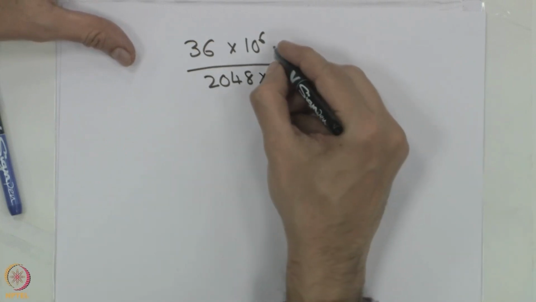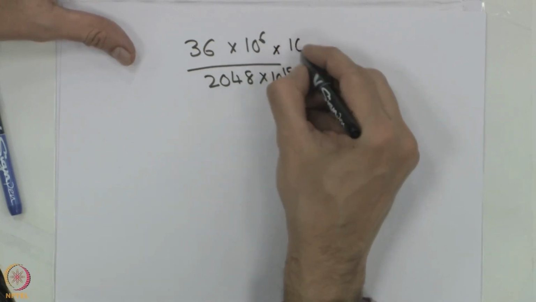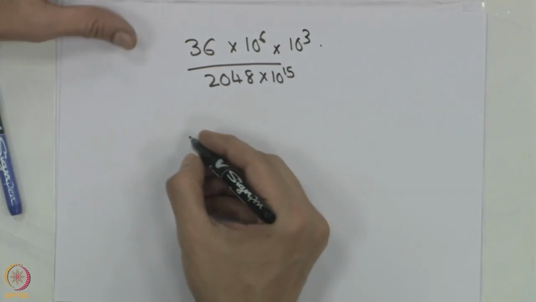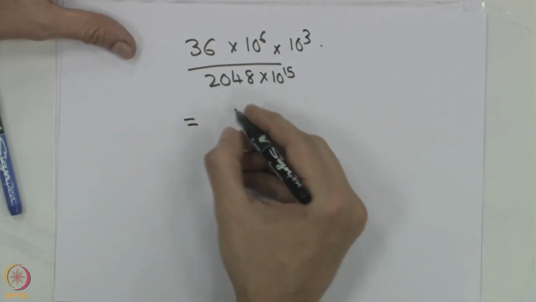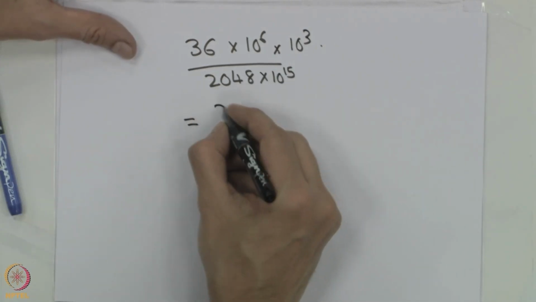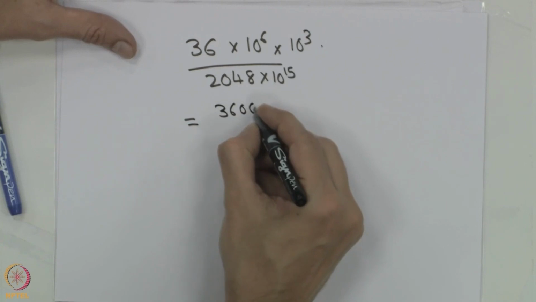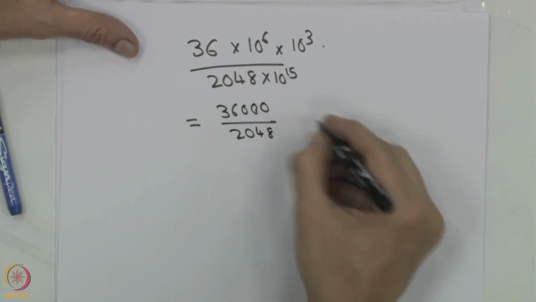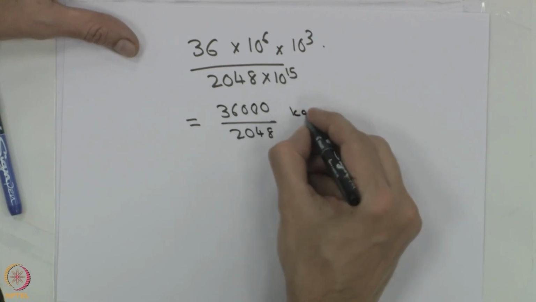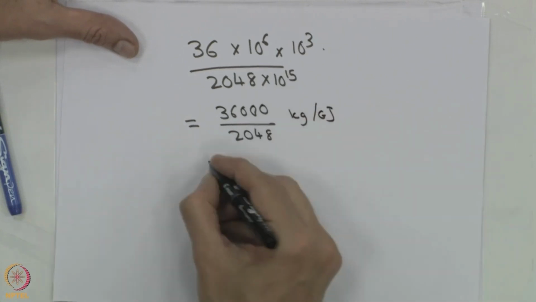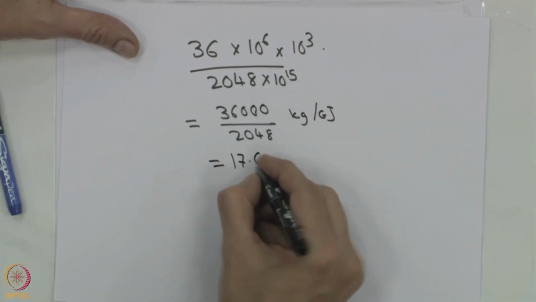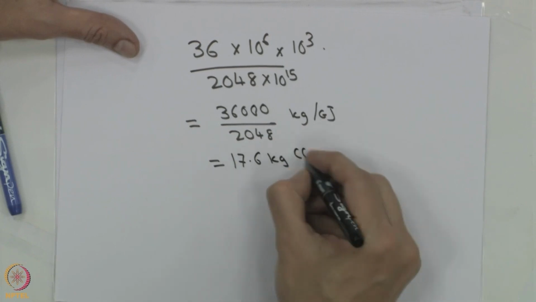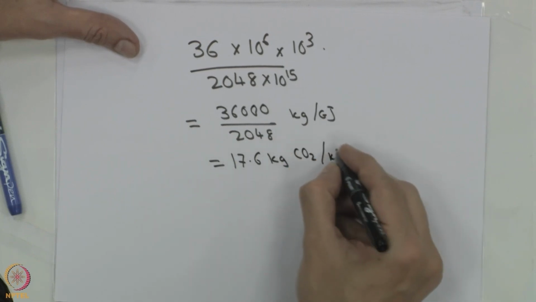If we want to do this in terms of kg, we will have a 10 raised to 3 factor, and you will find this comes out to be 36,000 by 2048, which is 17.6 kg of CO2 per gigajoule.